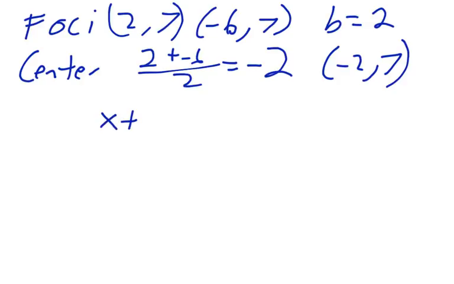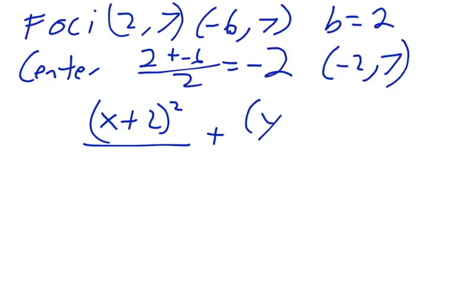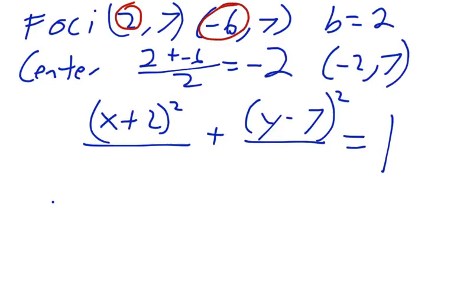So I got x plus 2 squared over something plus y minus 7 squared over something equals 1. Well, since b is equal to 2 and the x values are the ones that changed, that means that the left and right is the major axis, which means really a is right here, which means the other one, b, is right here, b squared I mean.